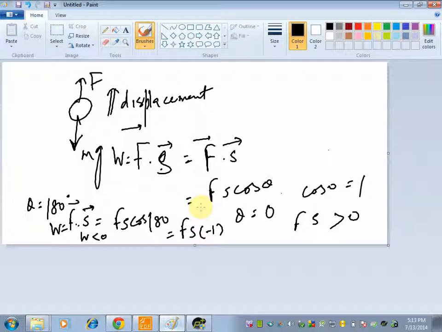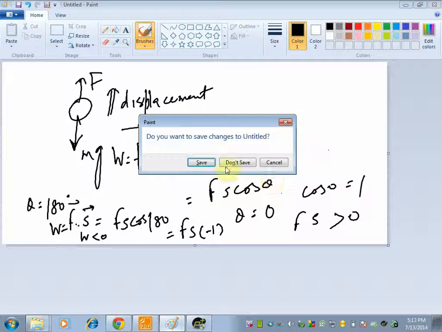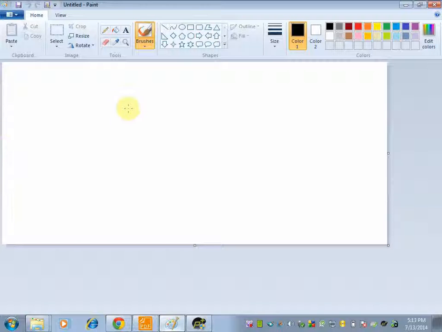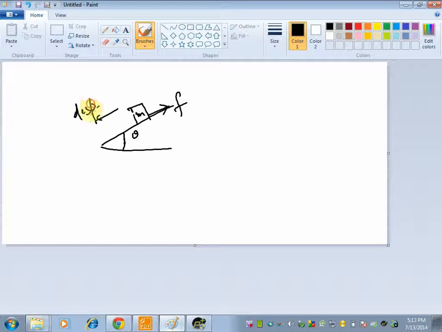If we just find out the force direction and the direction of displacement, there is an inclined plane here, so it is sliding down, mass m, friction is acting upward, and displacement is in this direction, so work done will be negative. Why so? Because theta is again 180 degree.